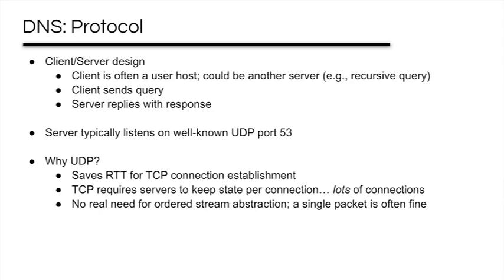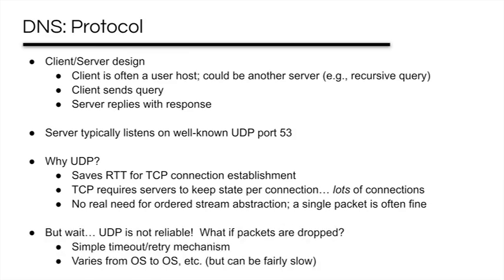And there are potentially lots of connections, especially if you think about the root servers. And just in general, there's no real need for that sort of ordered stream abstraction that you get with TCP. For these quick queries and responses, a single packet is often just fine.